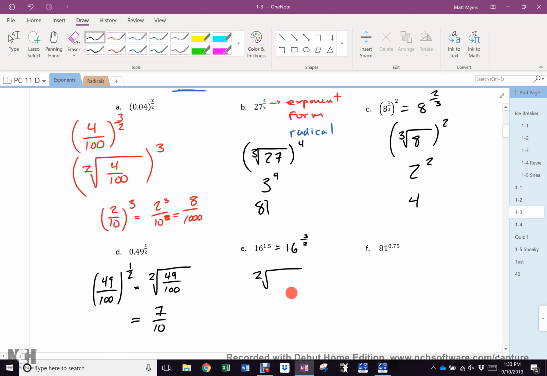Where does the 16 go? Radicand. And where does the 3 go? Outside. What is the square root of 16? 4. What's 4 cubed? 64. You guys do F.